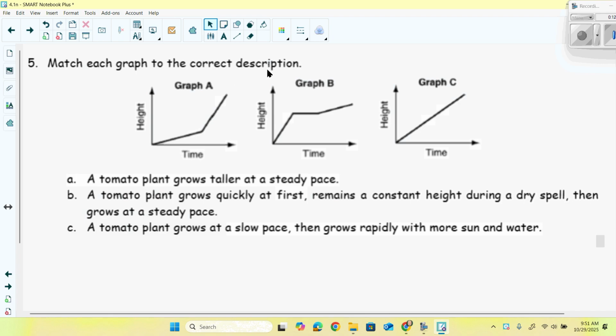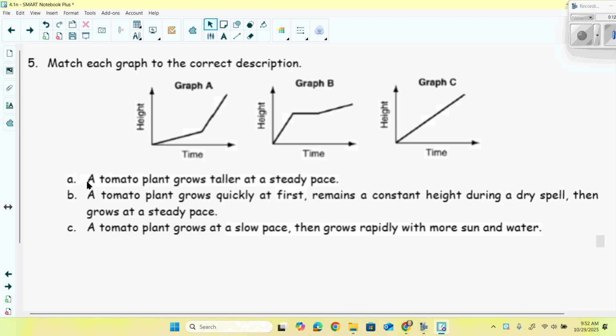No. Or if it's a plant, it's always increasing in height. This one is increasing pretty quickly, then not changing, and then a little more gradual. And this one's just constantly at the same rate, getting higher over time. So three graphs with a change, but increasing, and one where it's just not doing anything.